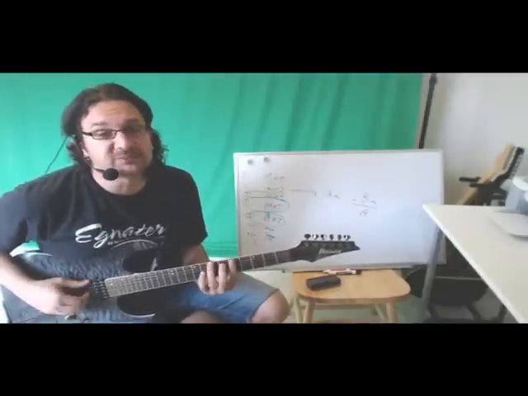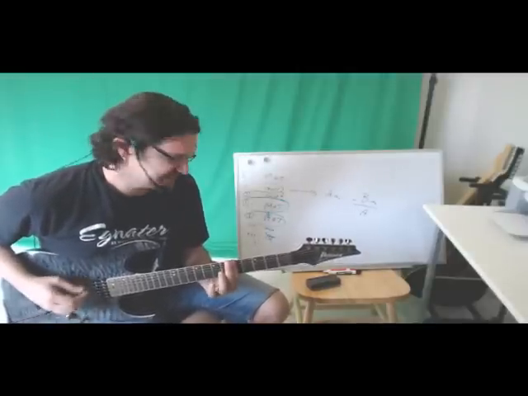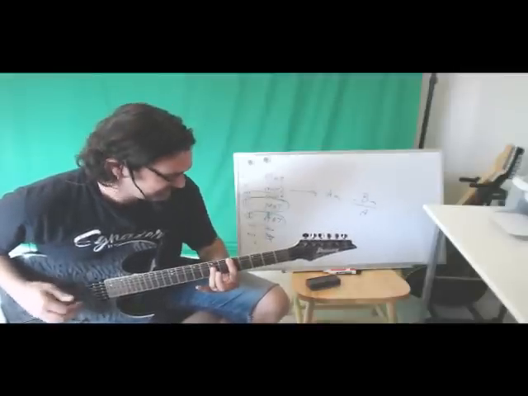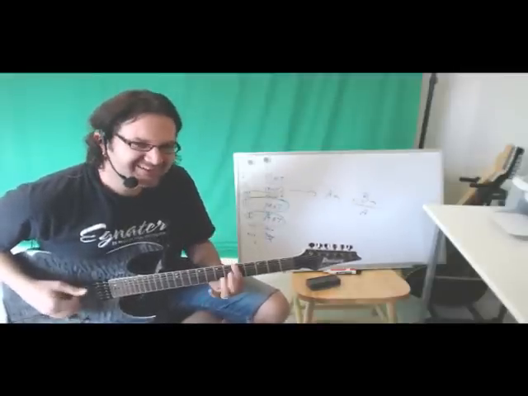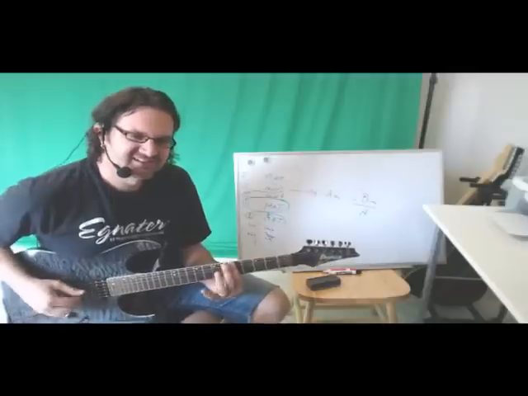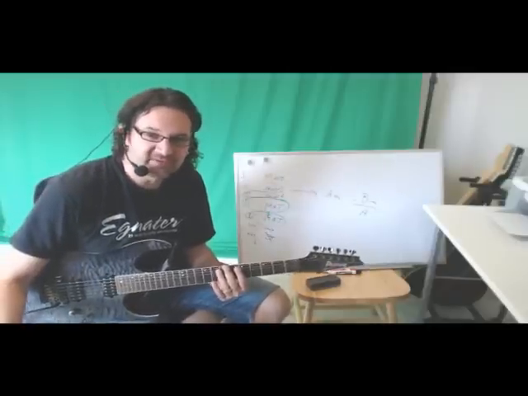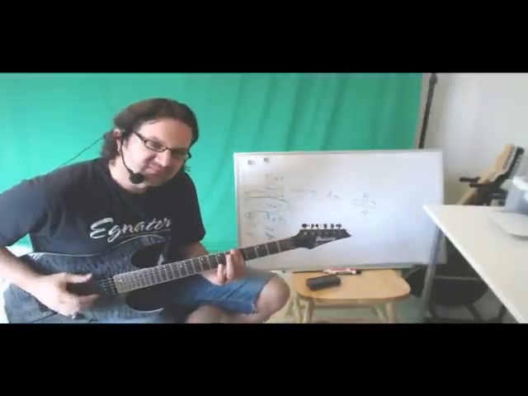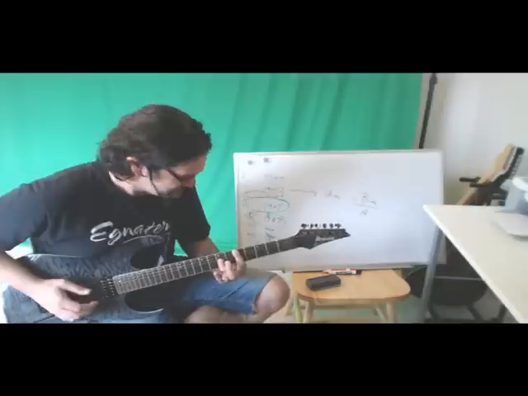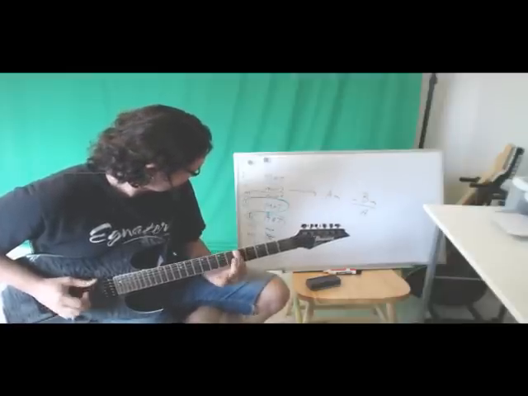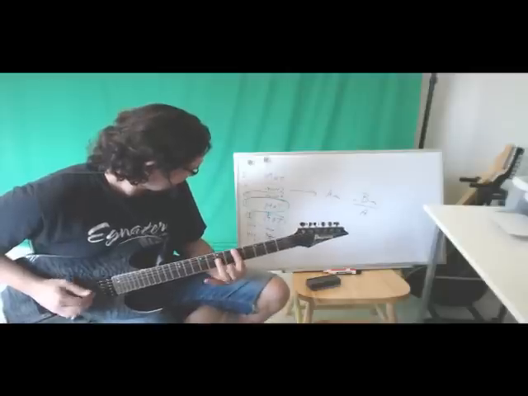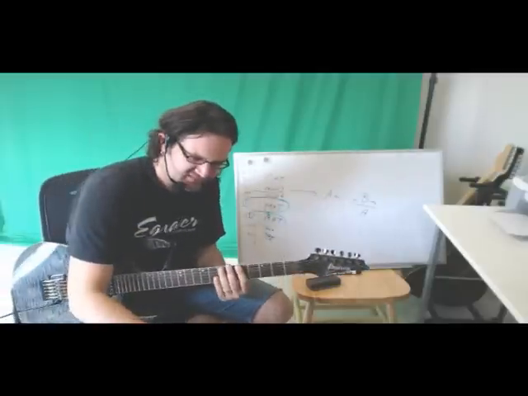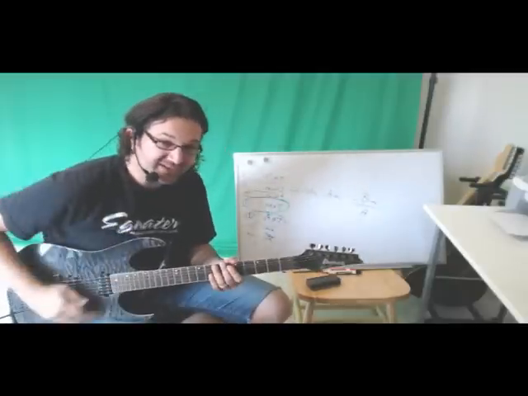I'm going to have a constant root instead of this. That screams Dorian. If I record that, this has to be Dorian. Over this, I can only play Dorian.